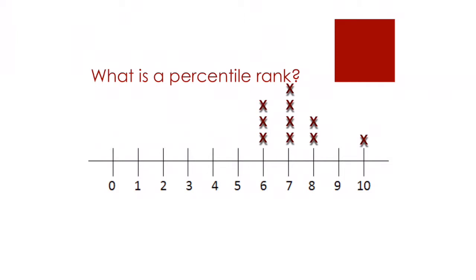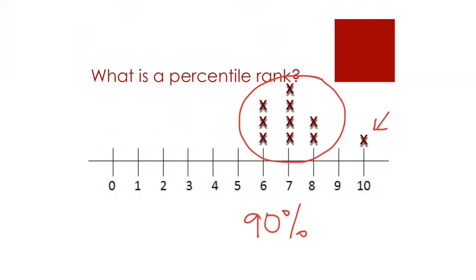So if we look at the number of students that scored below the person that scored the 10, there are 9 students who scored a lower number, which would mean, so 9 students out of 10 converts to 90% of the students. Okay, so 90% of the students scored lower than this person here, and therefore the percentile ranking for the person who scored 10 out of 10 is the 90th percentile.